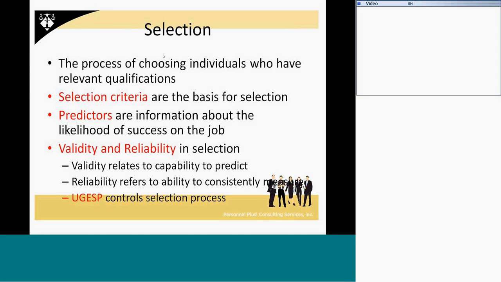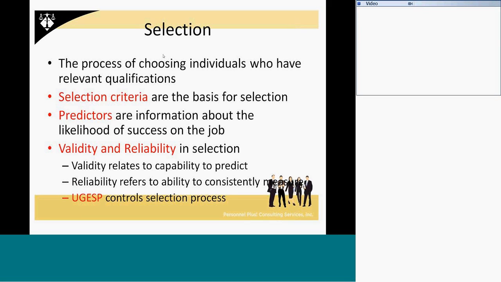For example, we may say that people with a degree in accounting are likely to be successful in this particular job. The degree is not really a requirement. The degree is a predictor of success. So what we found over time is people with X years of experience or people that have done certain kinds of tasks are likely to be successful in our job, and the term used to describe those things is predictors.